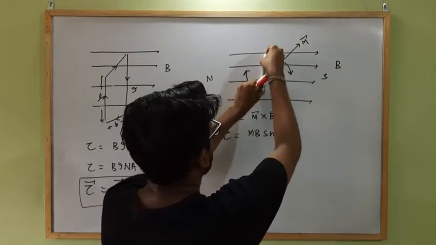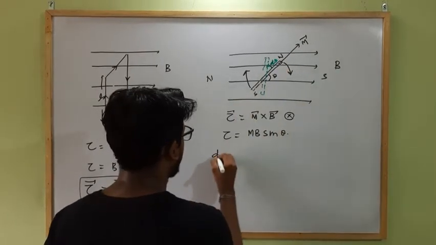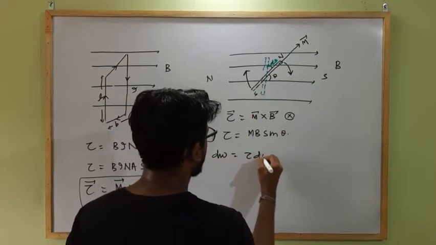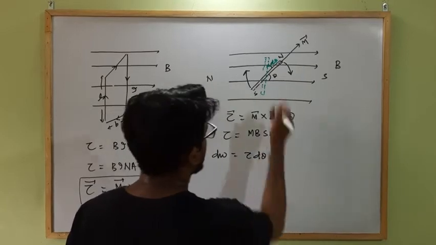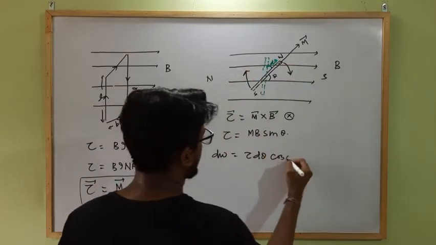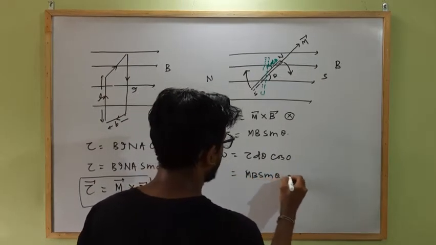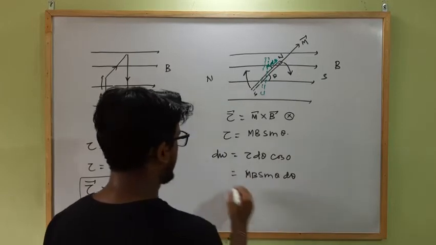Because I am trying to rotate the dipole in the anti-clockwise direction, the dW amount of work done by rotating this dipole by d theta will be how much? Tau d theta cos 0, since the direction of torque is outward and the direction of angular displacement is also outward. So it will become m B sin theta d theta equal to dW.